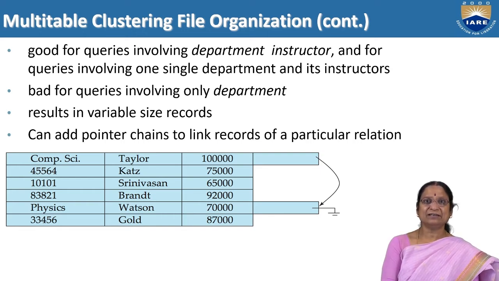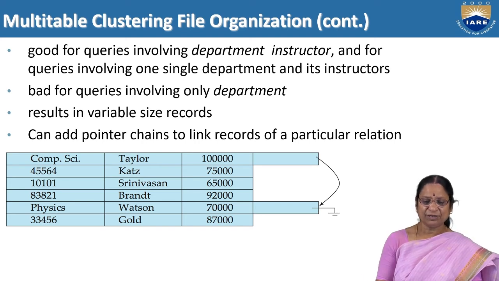Because the query processing time is going to be drastically reduced. So at the time of designing, our database administrator must understand what type of queries are frequently accessed, or how the data is going to be accessed, and what type of queries are expressed most frequently. Based upon that, the organization has to be selected.